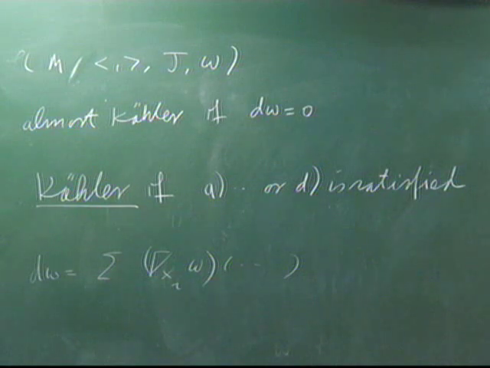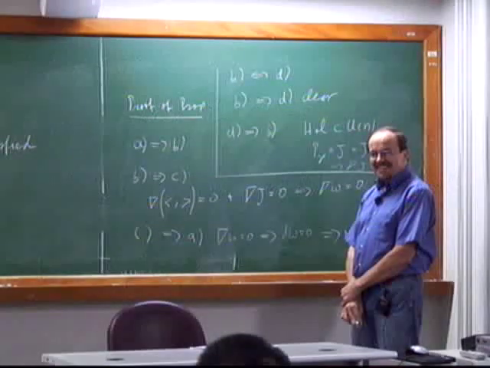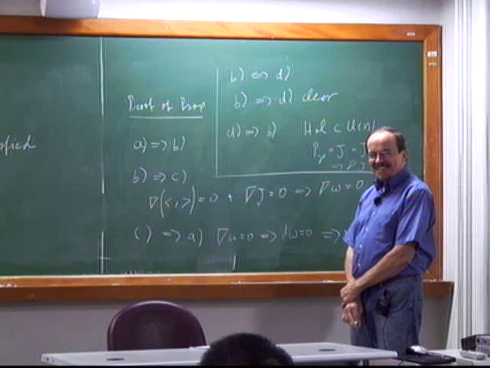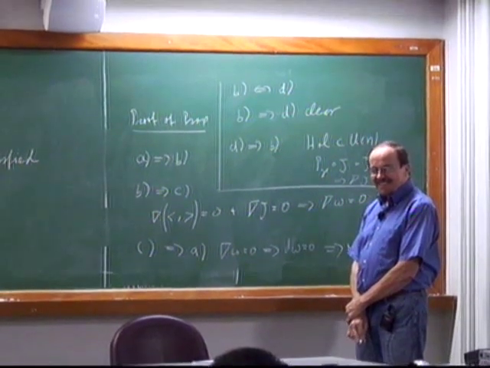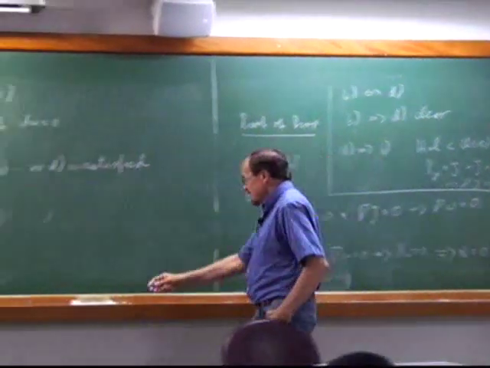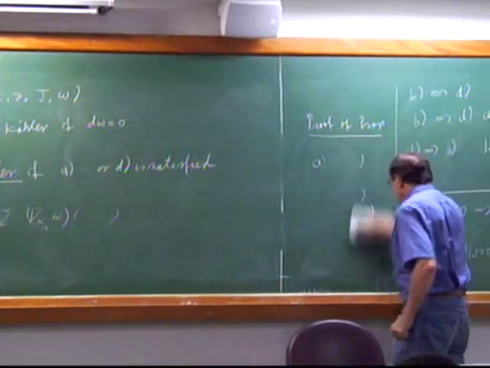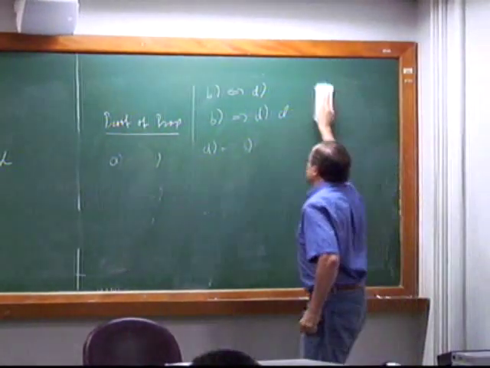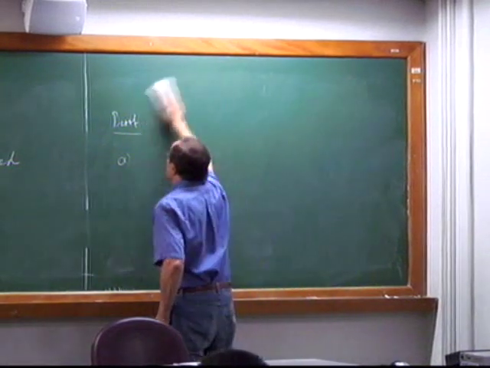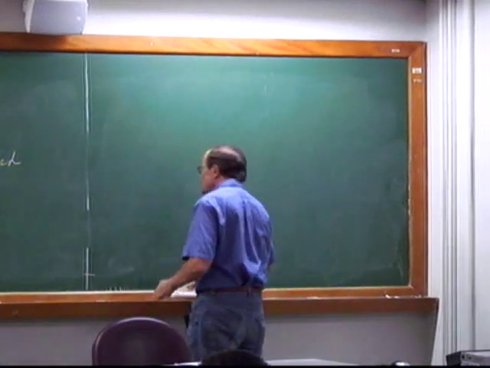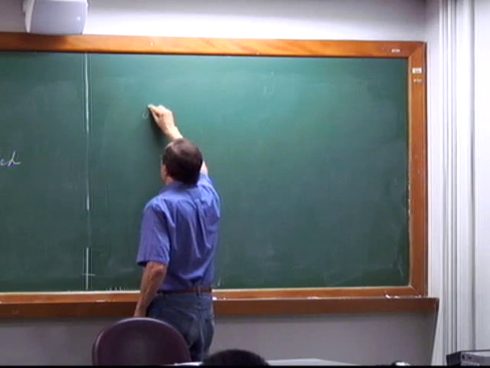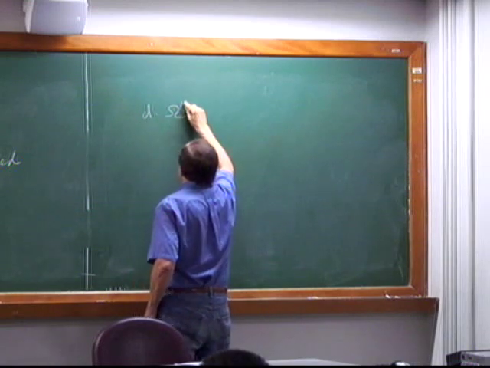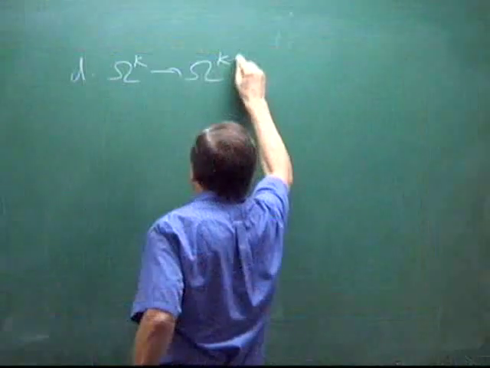You know about harmonic forms, the star operator, and delta and d. You know about that kind of stuff? So let me remind you a little bit. So d goes from omega k to omega k plus 1.